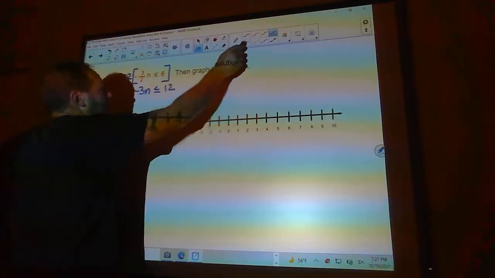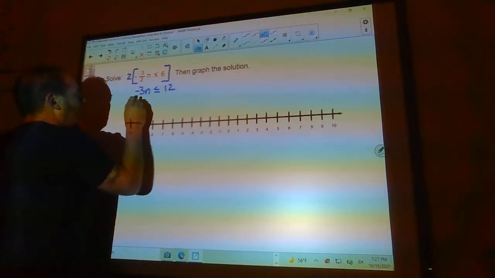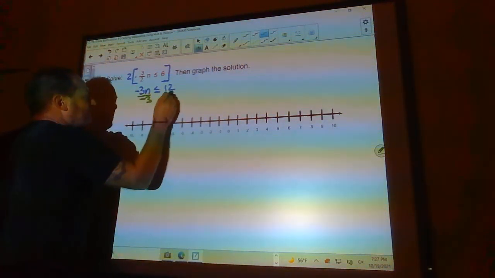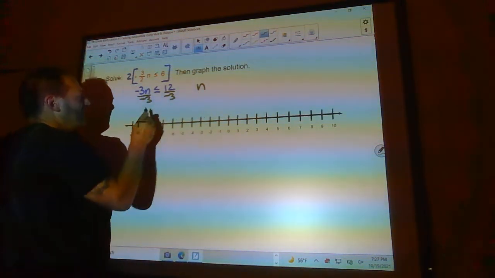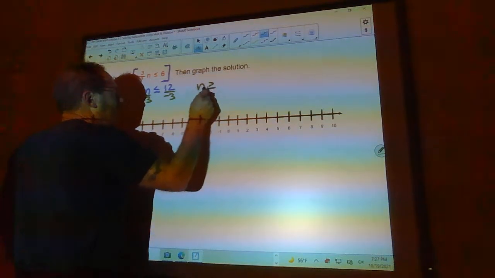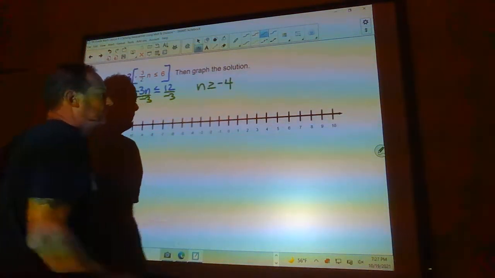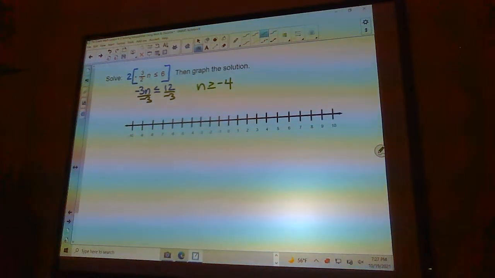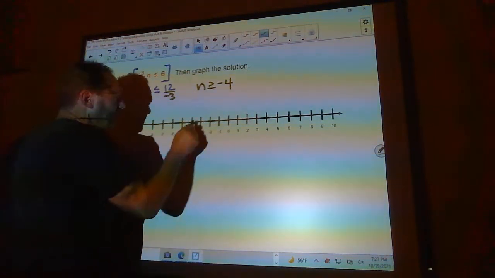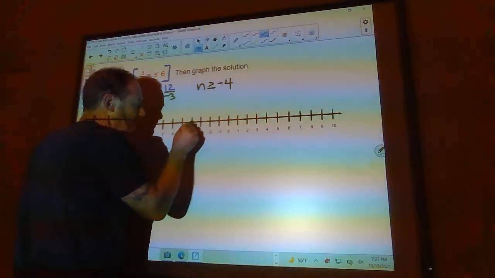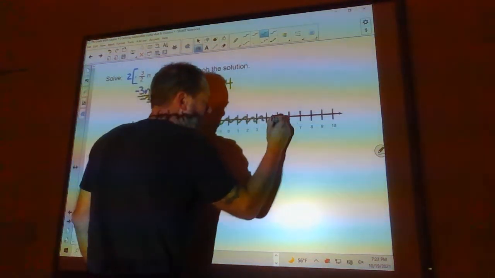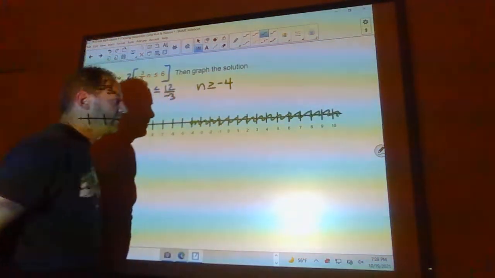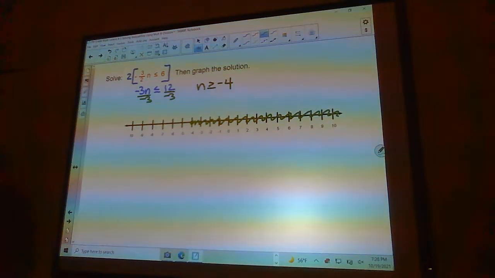But now what I'm going to do next is divide by a negative number. So that makes n, it flips this sign to greater than or equal to, and puts a negative 4 over here. So I've got a greater than or equal to, I've got a closed dot at negative 4. I want the greater than side, so I shade the right. And I'm done.